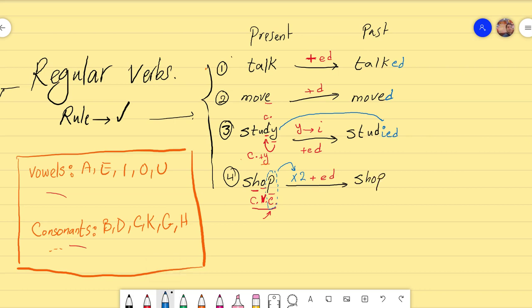Shop, double the last consonant, double P, then add ed, shopped. Exactly. So these are the 4 rules for regular verbs.